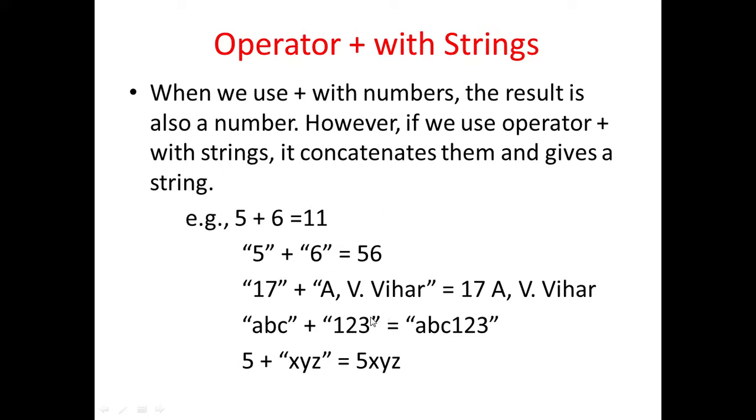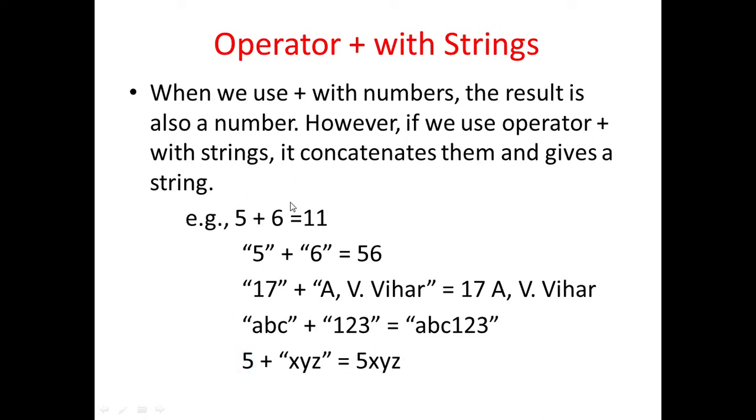But if we have more than one digit, more than one character, or more than one symbol, then we go for double quotes. They will work as a string. Here ABC plus 123. Both are strings, so it will become ABC123.